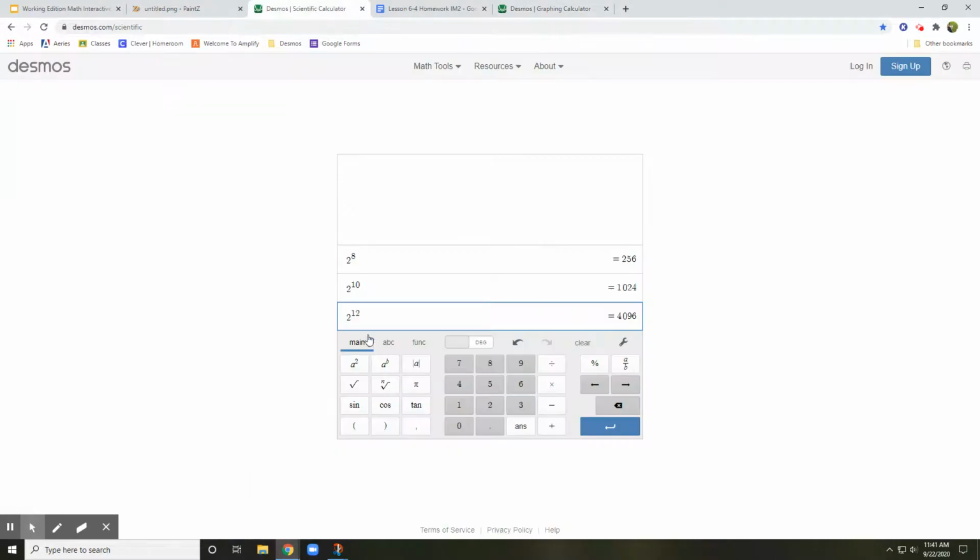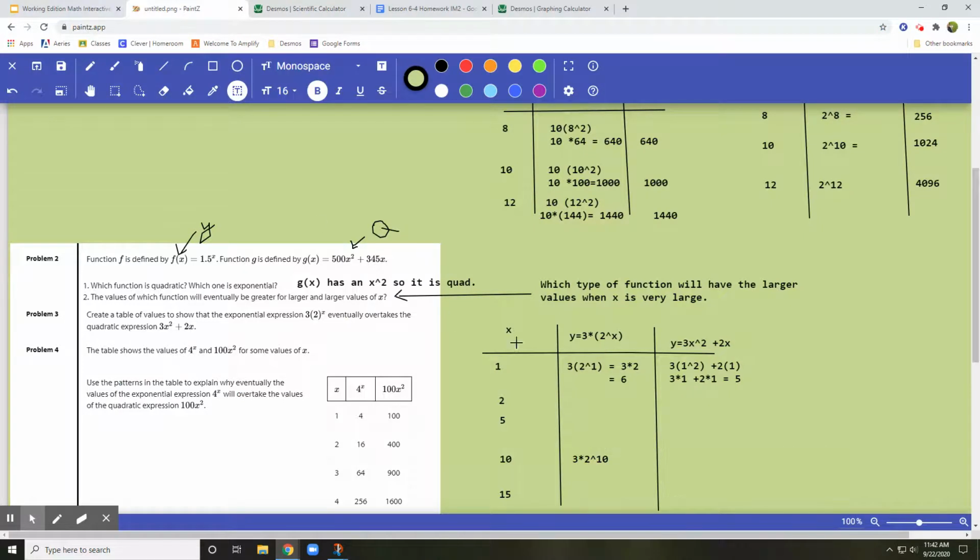I don't know what 1,024 is times 3, but let's go look it up. So 3 times 2 to the power of 10 is 3,072. So I'm just going to add that in, equals 3,072.